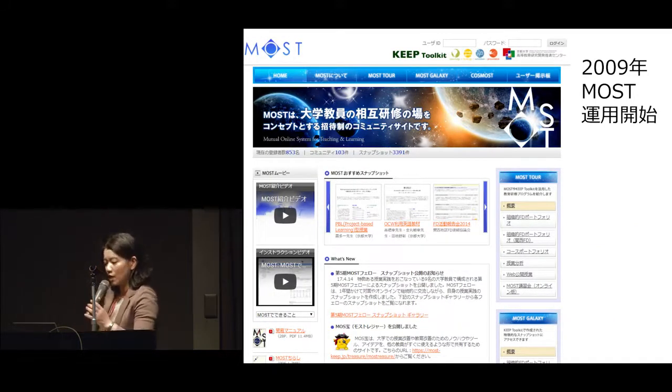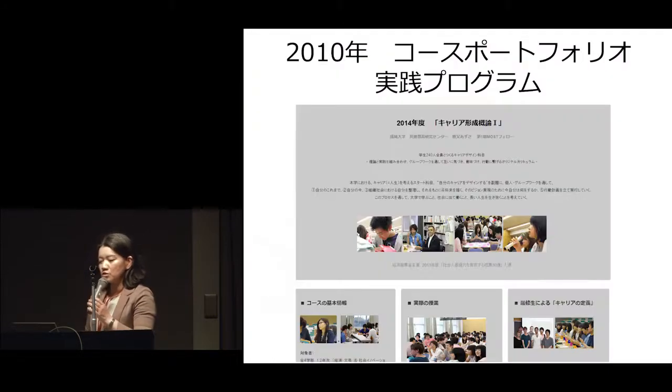It has a variety of functions, and one of them is the course portfolio program. Professor Iyoshi used to work for the Carnegie Foundation, and we use their KEEP Toolkit and explain the purpose of this program and the course portfolio of this program, in a very brief manner so that students can read this portfolio in about 5 minutes or so.